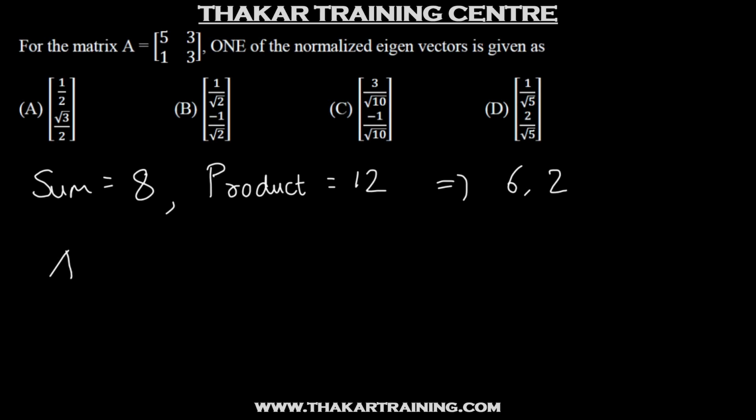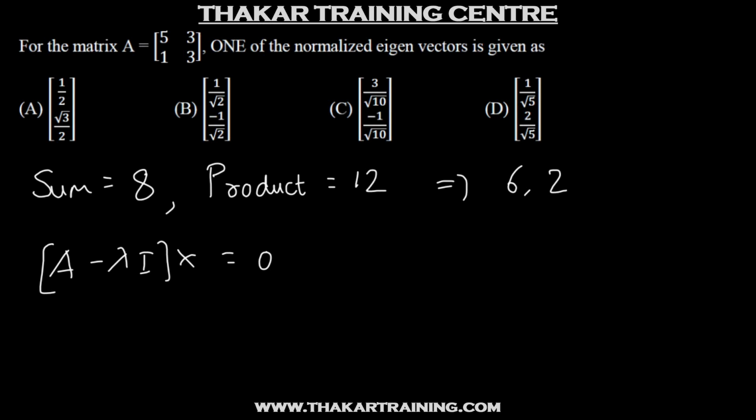And what we are going to do now is (A minus lambda I) x equal to 0. We will do it one by one for 6 and 2. Let's see what we get. First, lambda equal to 6. The matrix is 5 3 1 3, so 5 minus 6, 3, 1, 3 minus 6.